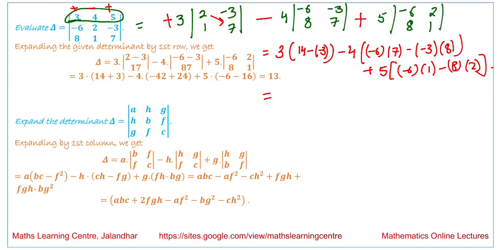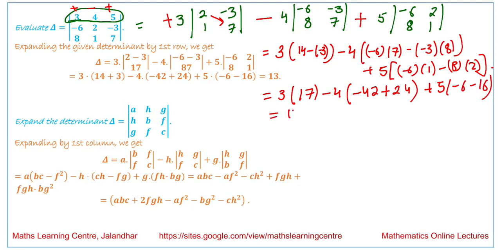On solving this, we will get 3 into 17 minus 4 into minus 42 plus 24, and last plus 5 into minus 6 minus 16. On solving these values, the final answer you will obtain is equal to 13. So the value of the determinant in this case is 13.